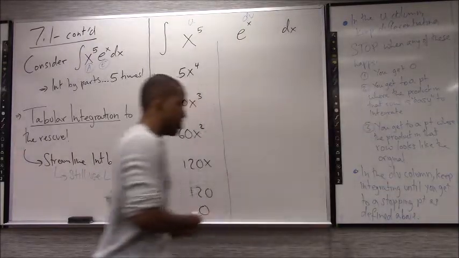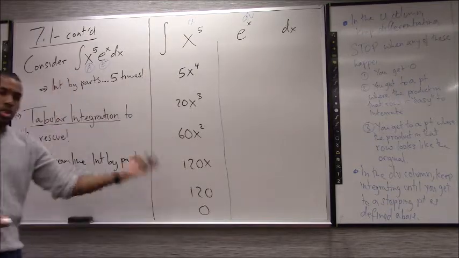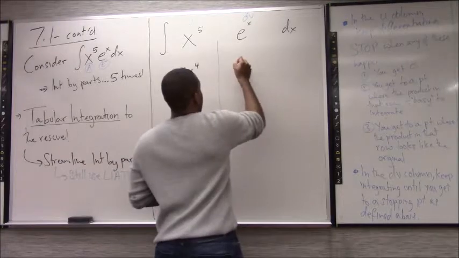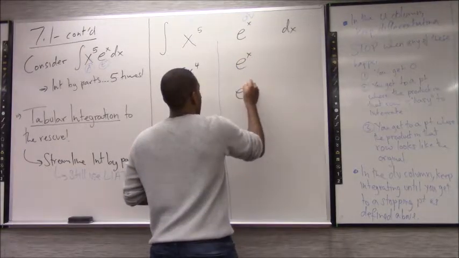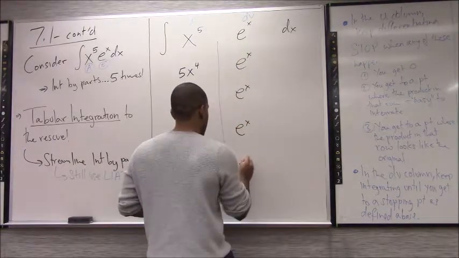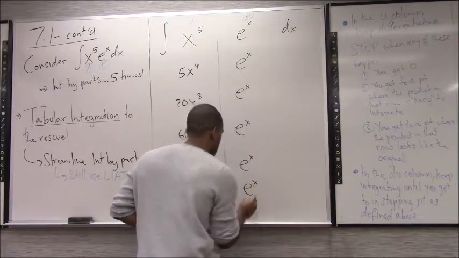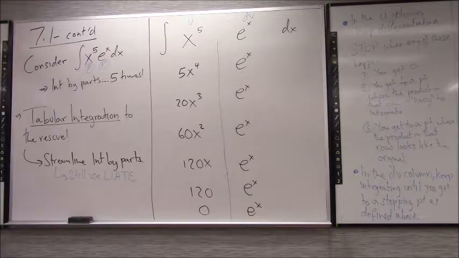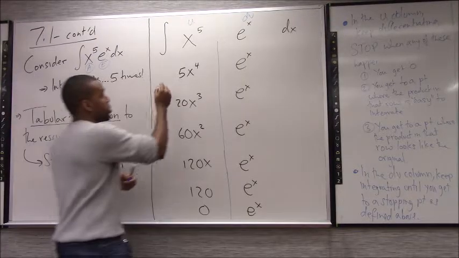Okay. So that's what I'm going to do here. I keep differentiating, I hit 0, I know I need to stop, so now I'm going to keep integrating. E to the x is easy, its integral is just e to the x, e to the x, e to the x, and so on. Okay. So what I've done here is I sort of formed a table.